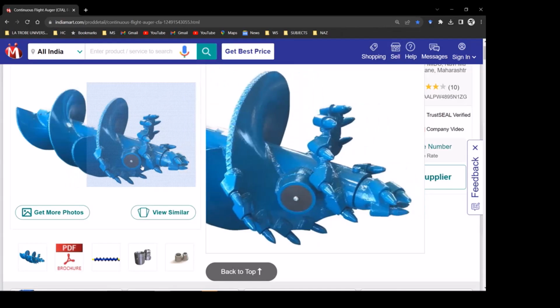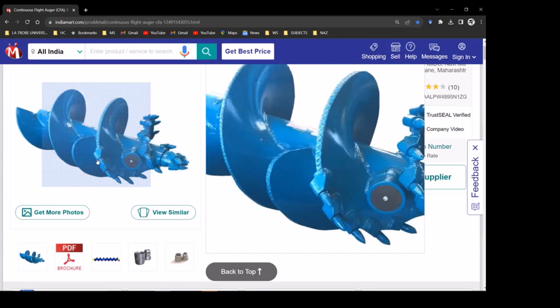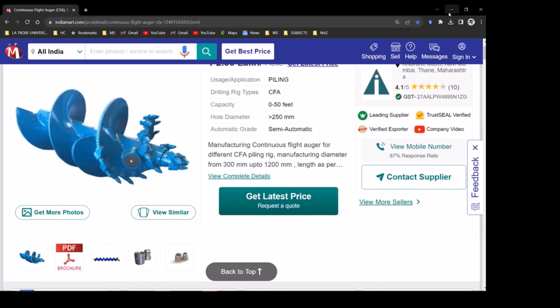And there are some sensors that will typically measure the concrete pressure to make sure it's within acceptable levels, to make sure the concrete is poured evenly in the hole.